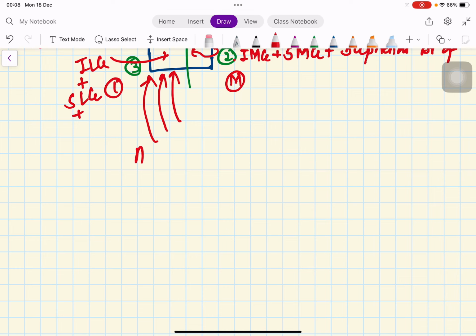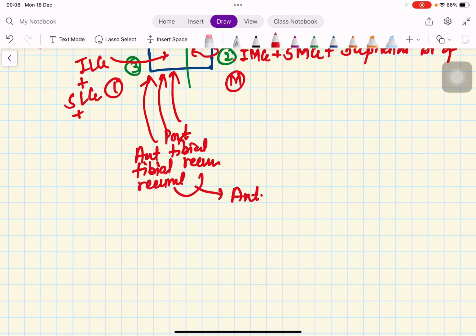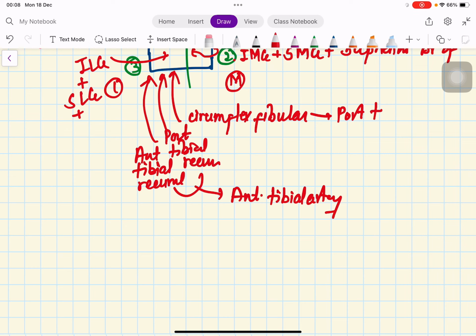It is the anterior tibial recurrent, and here is the posterior tibial recurrent. These two are the branches of the anterior tibial artery. And the last one is the circumflex fibular, which is the branch of the posterior tibial artery.